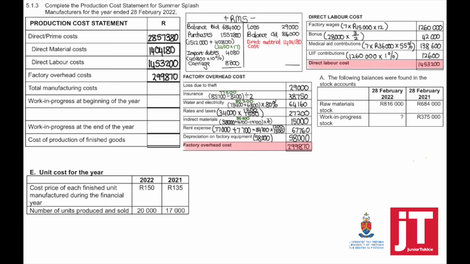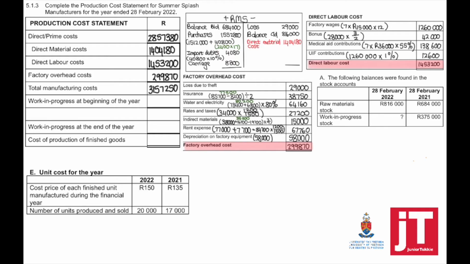My total factory overhead cost, make sure you transfer the same amount. Now we can calculate our total manufacturing cost. It's my prime cost plus factory overhead cost equals total manufacturing cost.